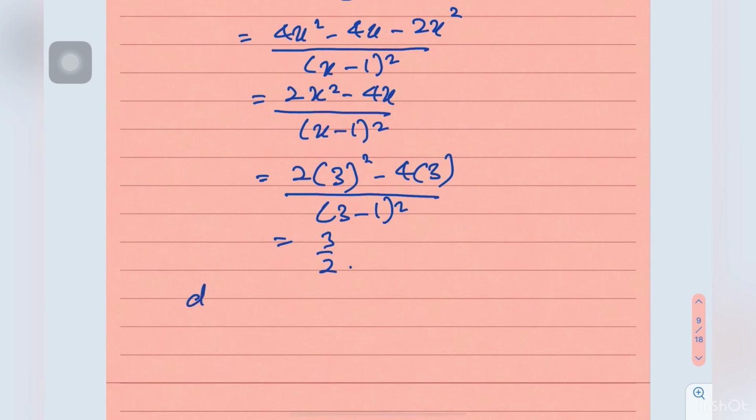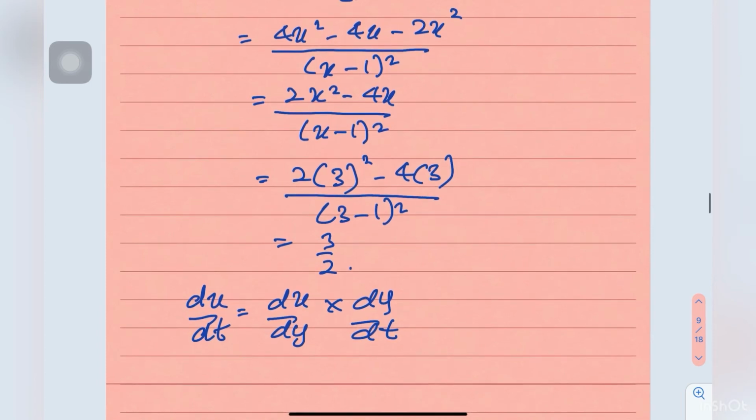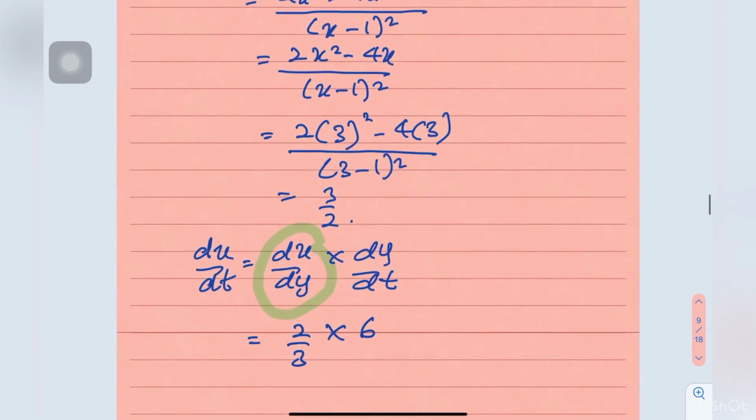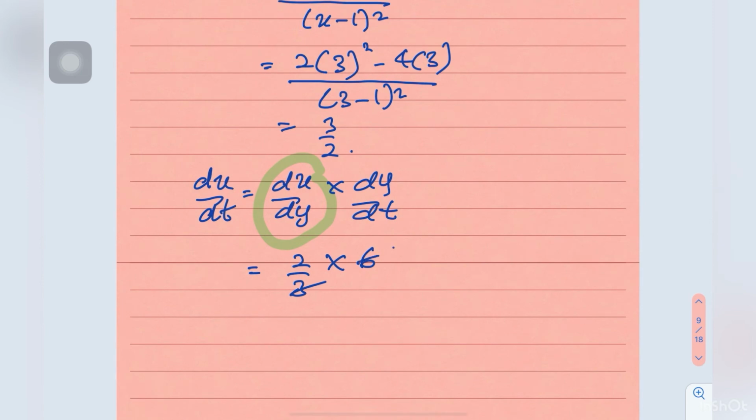Now we want to find dx/dt. So dx/dt is dx/dy times dy/dt. Here dy/dx is 3 over 2, we need dx/dy, so oppositely this one is 2 over 3, times dy/dt, which is 6. So the final answer is 4.